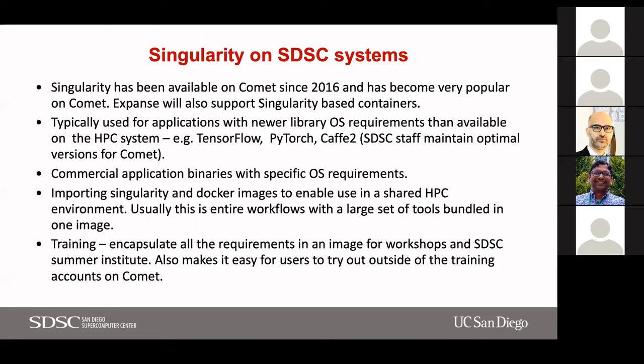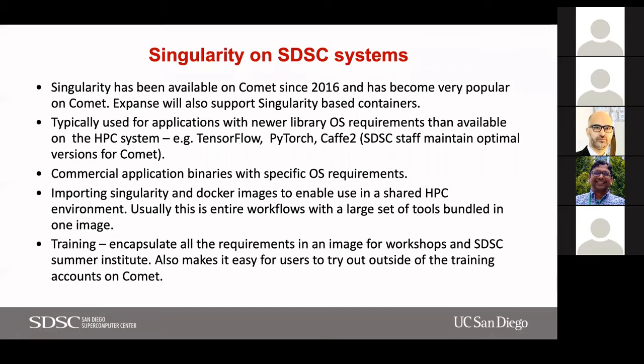And then the other thing I wanted to talk about was Singularity on the SDSC system. It's been available on Comet since 2016, and a lot of the machine learning type codes come through that, mainly because it's hard to keep up with the OS requirements that keep changing rapidly. So it's been an easy thing to go via a Singularity image.